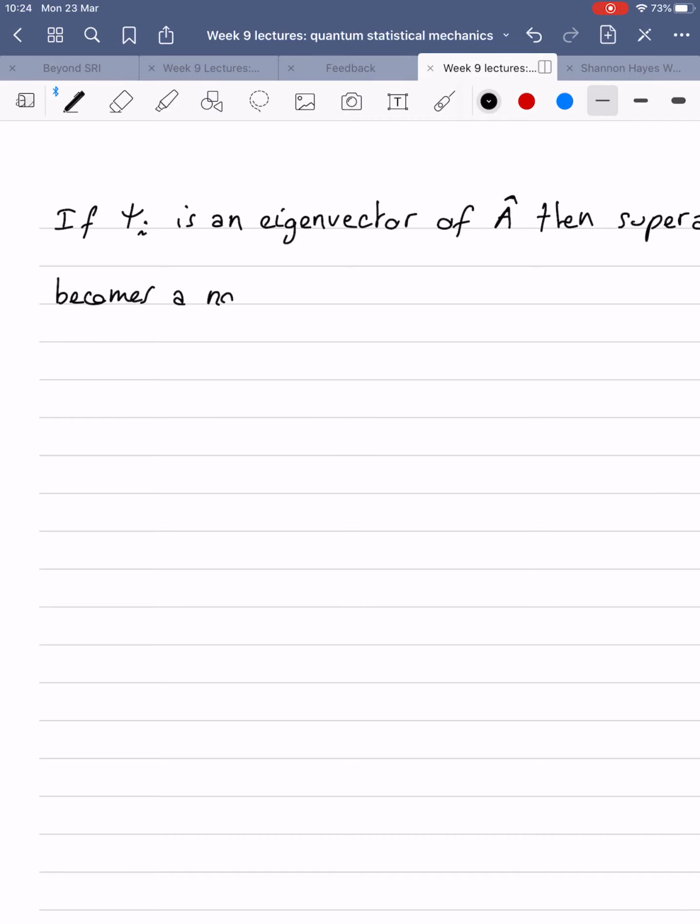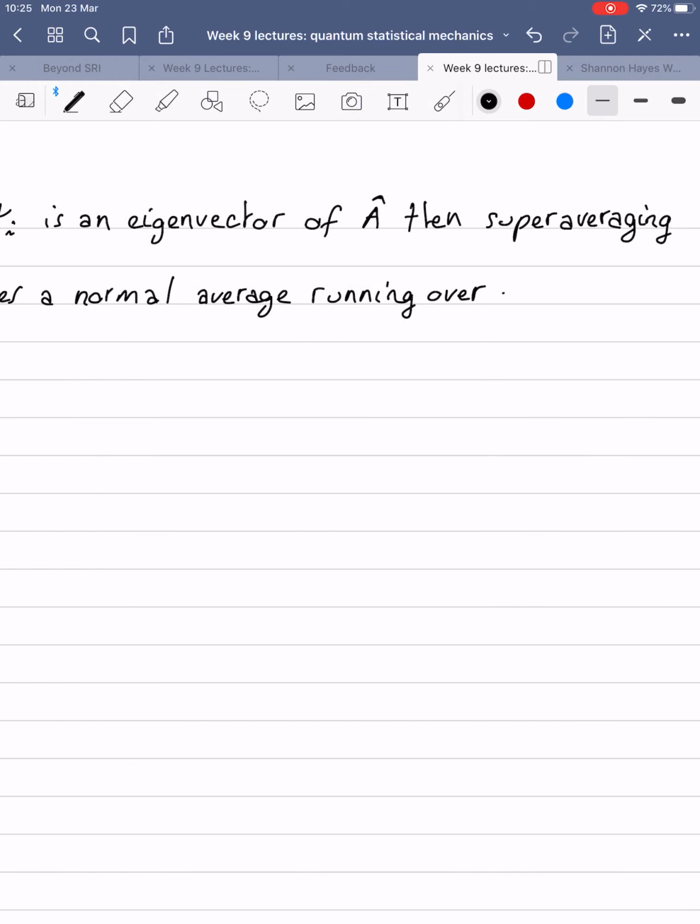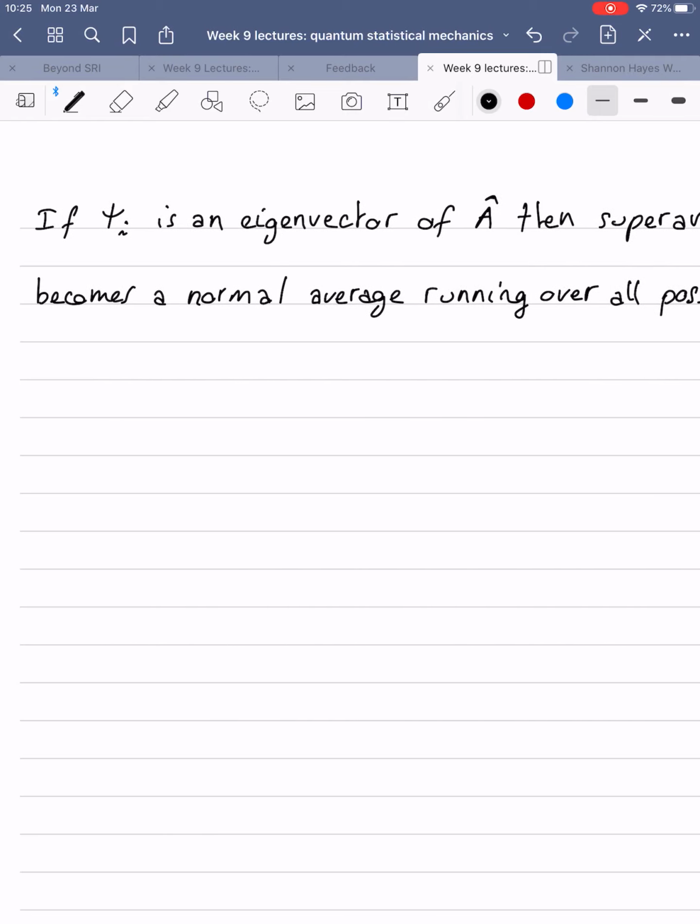Becomes a normal, if you will, average running over all possible eigenvalues. So it's as if the sample space now became the space of eigenvalues of A in a kind of classical probability theory, and then you've got the corresponding probabilities.